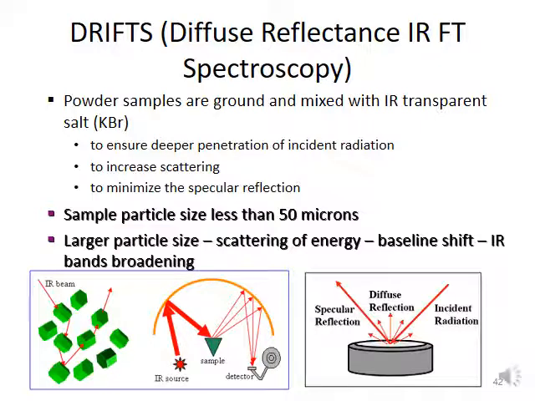If you have a larger particle size, the scattering of energy will increase, a baseline shift will occur, and the infrared bands will become broad. The function of this is to ensure deeper penetration of radiation, to increase the scattering, and to minimize the specular reflection.